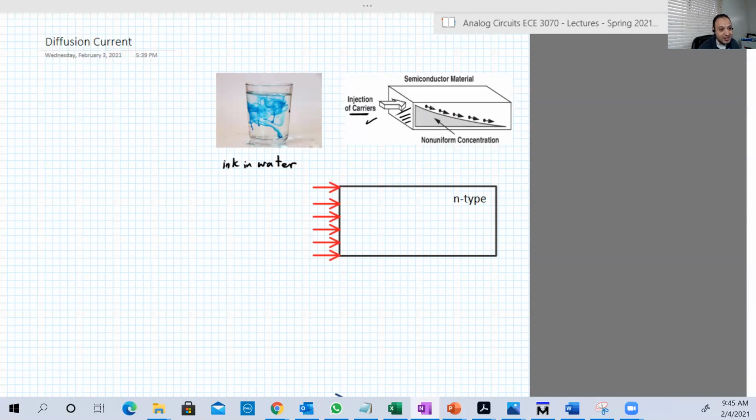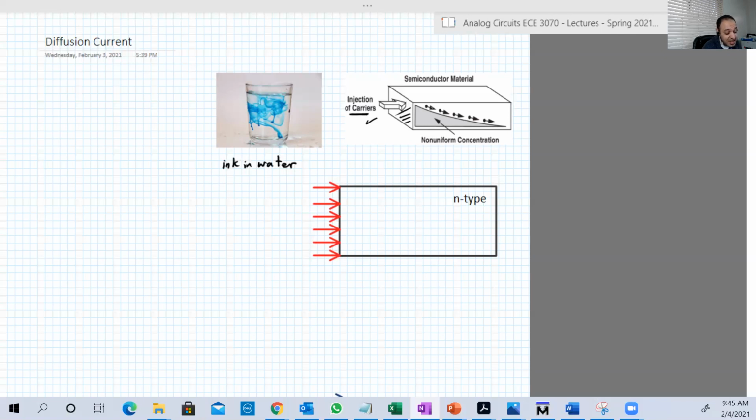That's basically a current. We are talking about holes or electrons, and when these move, this creates a current that comes from the phenomenon of diffusion.